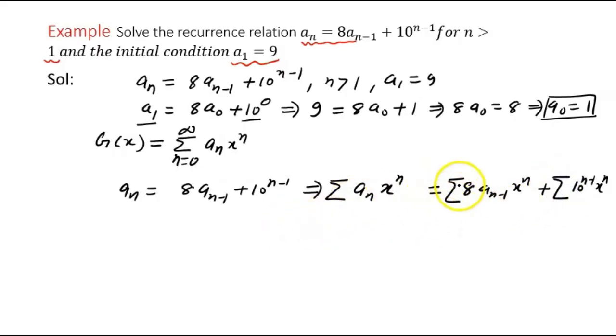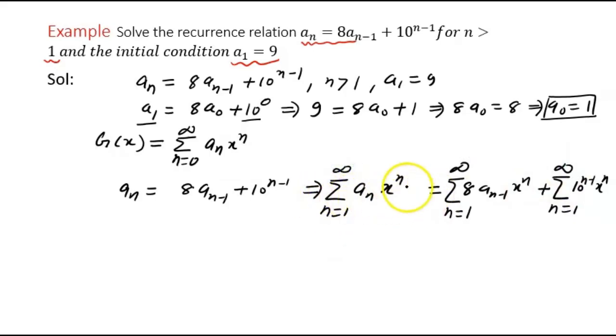And what will be the value over which the summation should run? It is very obvious that we have an minus 1. If I take n equal to 0, it will be a minus 1. So because of an minus 1, I should start with n equal to 1, running from 1 to infinity.